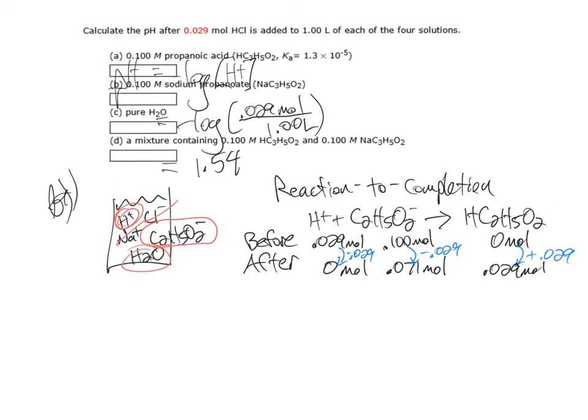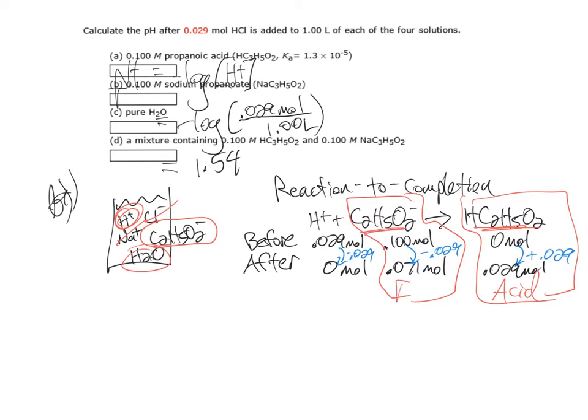At this point, we have the numbers of moles of the species after the reaction to completion, and we can identify an acid. We've got the weak acid, propanoic acid, and we have its conjugate base, propanoate ion.